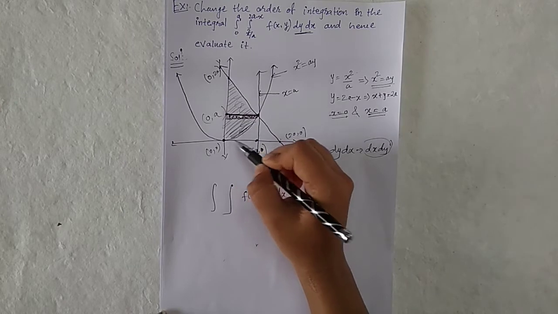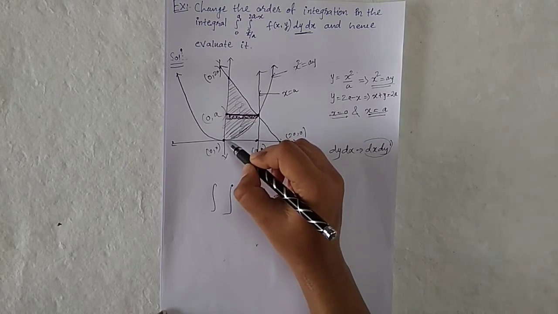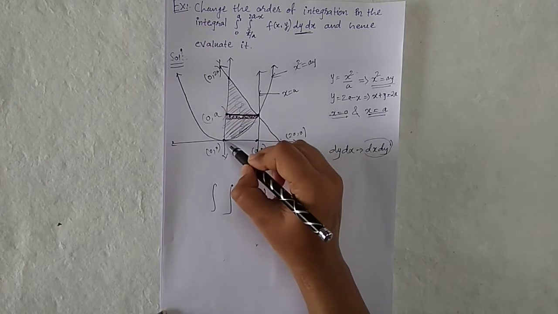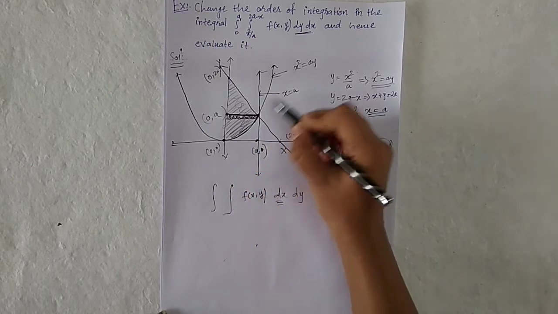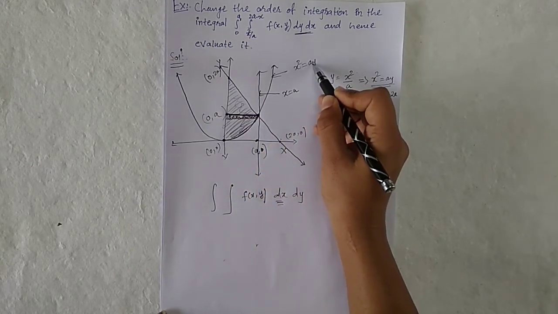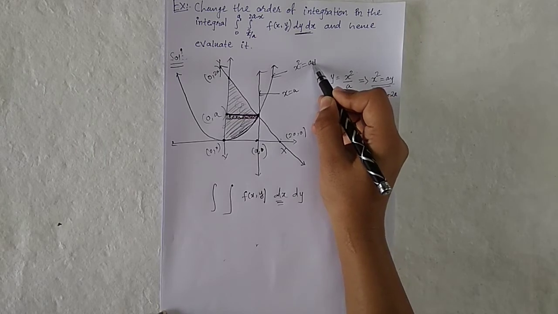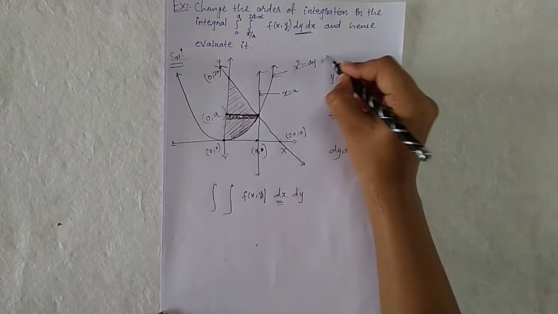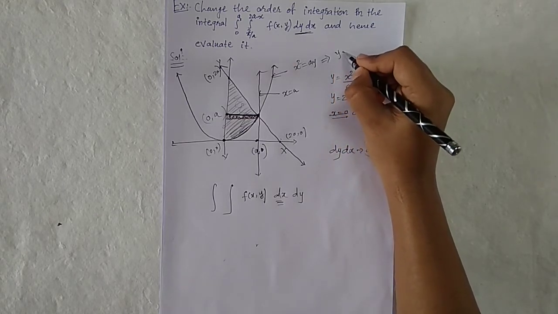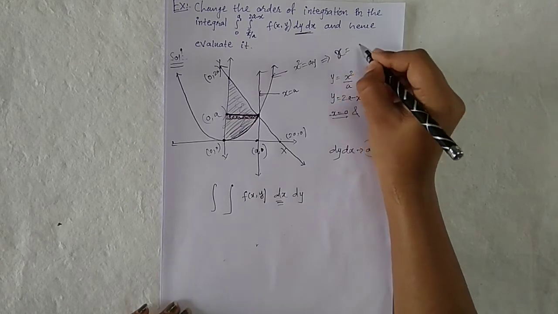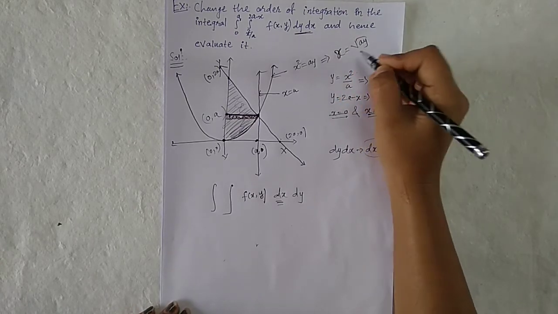So first we derive the lower limit. This is my curve, which is described by x square is equal to ay. So we can write it as x is equal to square root of ay.